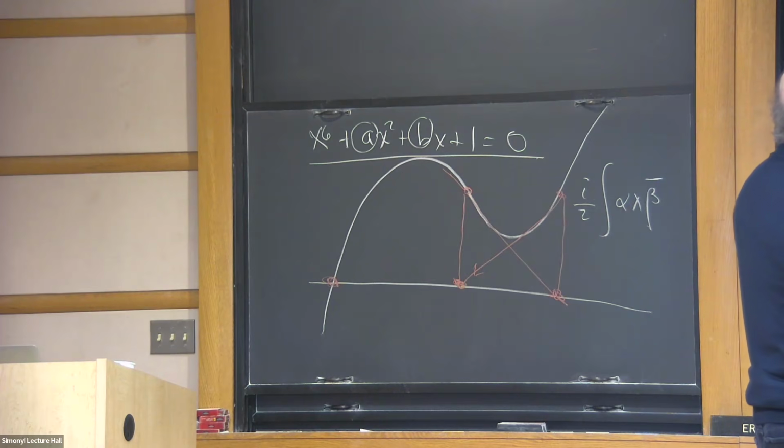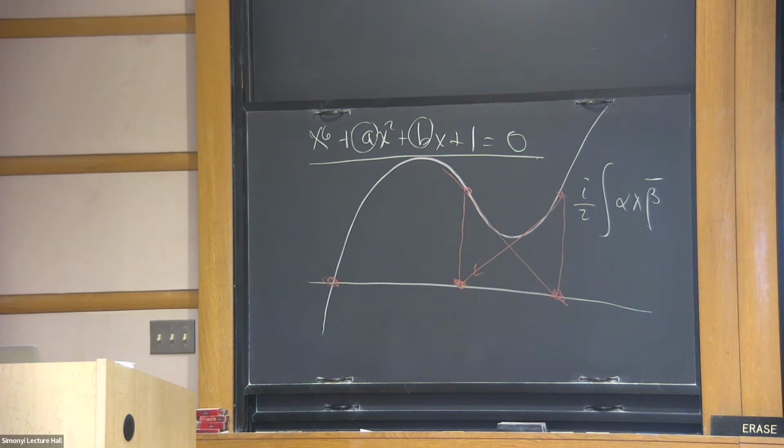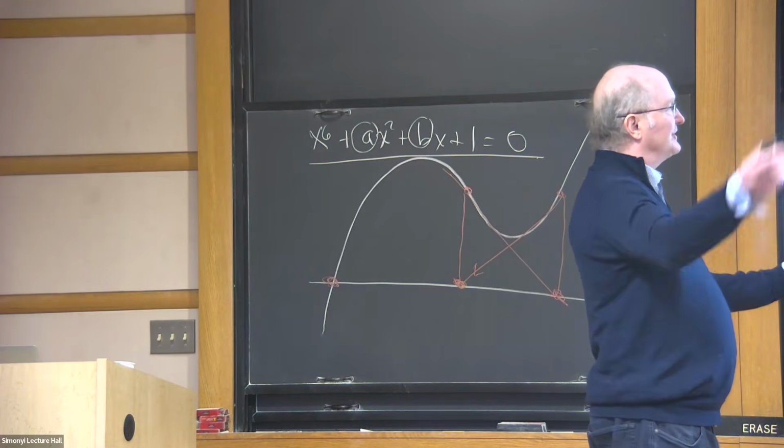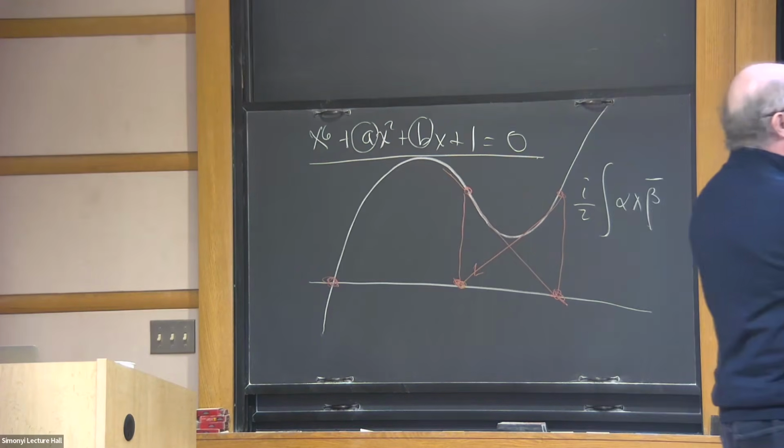And I'm just recapitulating what I wrote down before. That form, which I've written here, has signature (g,g) when restricted to all of H1. It has g positive directions and g negative directions. The space is 2g dimensional.